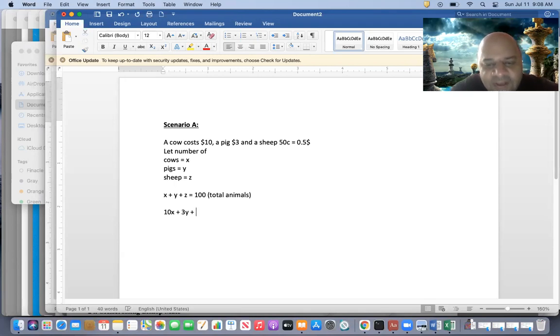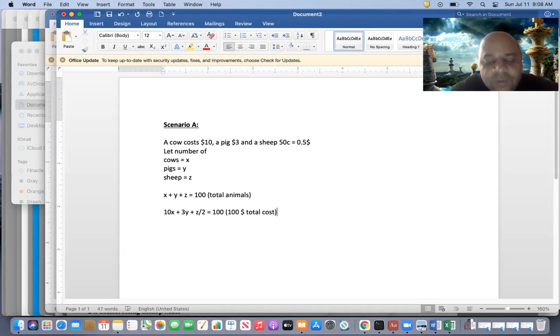And each sheep costs 50 cents, so it is Z by 2, or 0.5Z, whatever we call it. This should also be equal to 100 because the total cost is $100. So both these equations we have got.